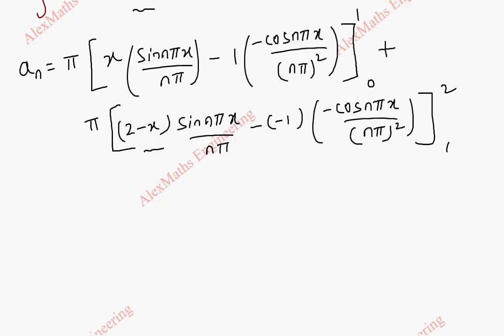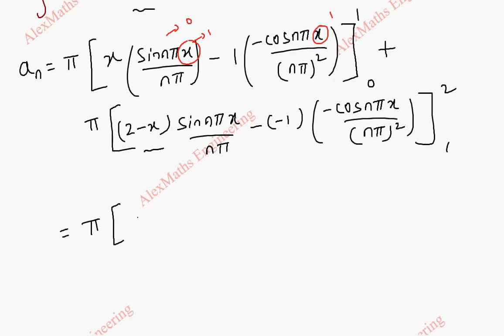Now when I use the upper limit 1 in this place, this becomes 0 because sin n pi is 0, and here when I use 1, cos n pi will become (minus 1) whole power n. So let's write it neatly here.